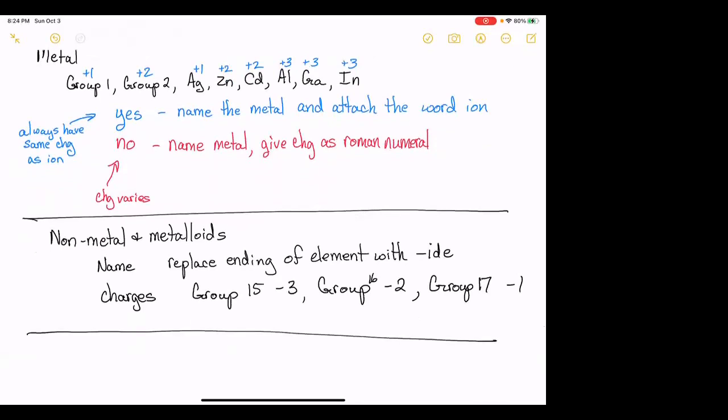Now, one of the reasons that I emphasize the letters IDE so much in class is because other than 5 polyatomic ions, your polyatomics, mostly, or I should say polyatomic anions, mostly end in -ate or -ite.